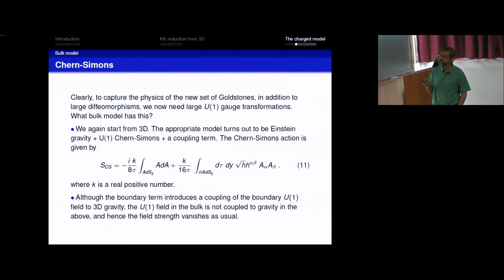Okay, so this one actually introduces a coupling of the boundary U1 to gravity. So the field strength equal to 0 condition is still valid even with this boundary condition.